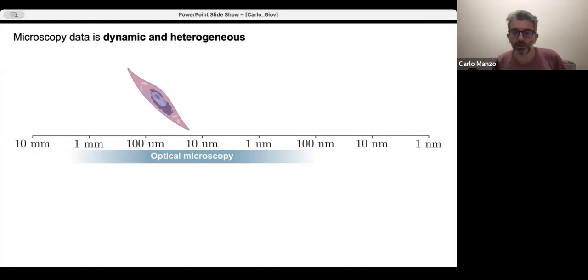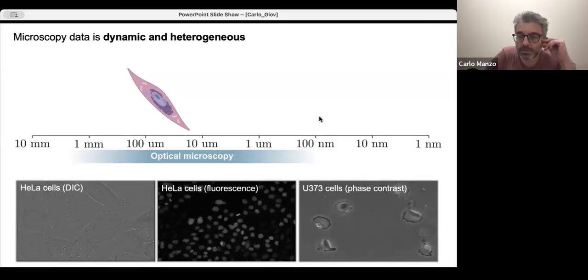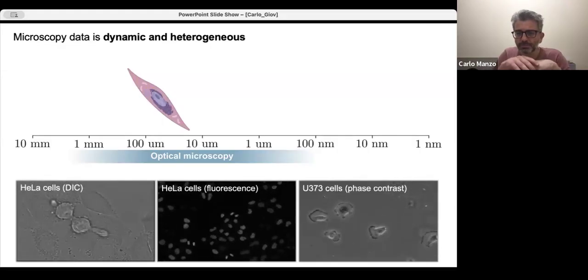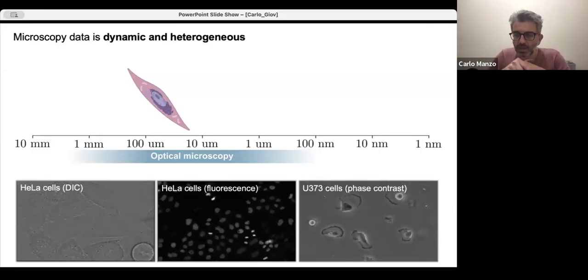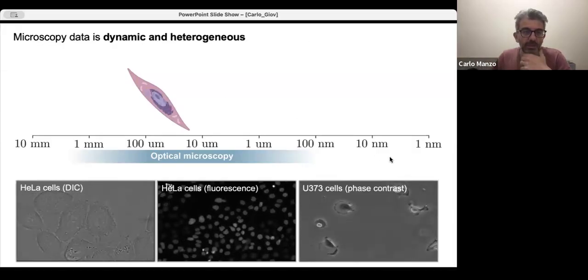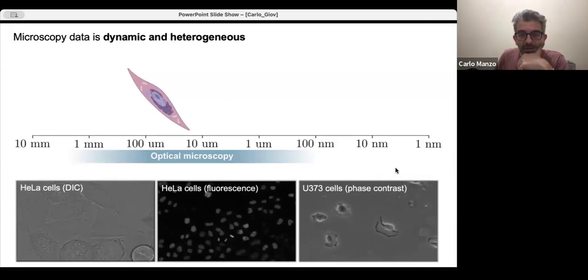And with optical microscopy, if we move to the next animation, we can see that we can collect movies like the one shown here, in which the cells move and move in a very diverse way. They often split, they change shape, and this movement is highly heterogeneous and highly dynamic.